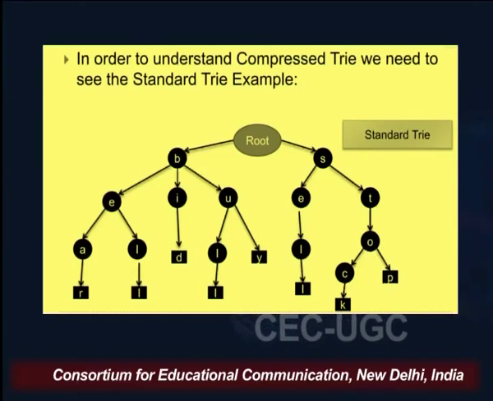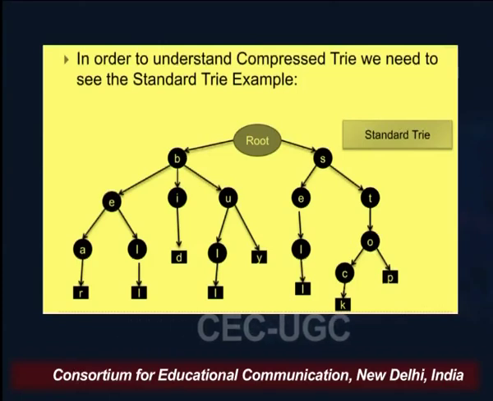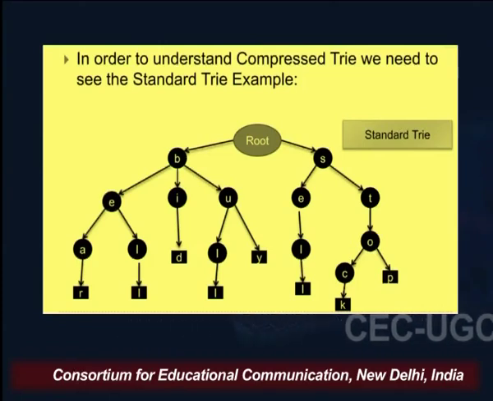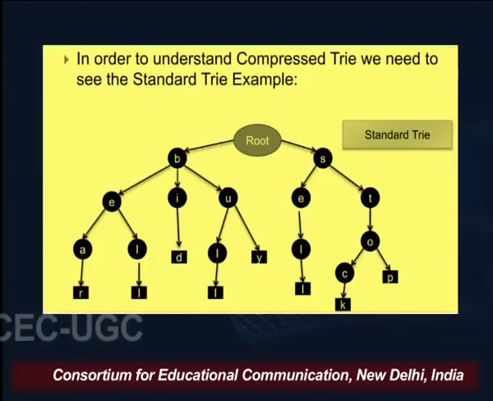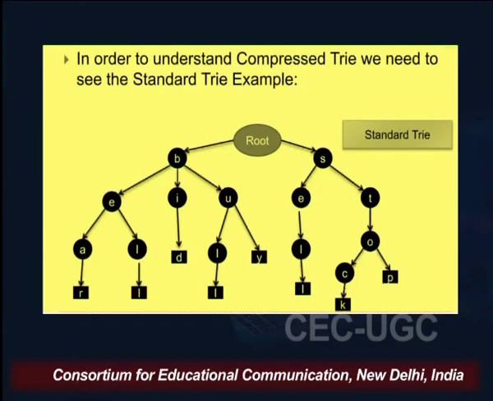Then in case of bid, I and D can again be put into one particular node, and in case of others, for example bull, the same L and L can be put into one particular node, and this is going to save one link here.